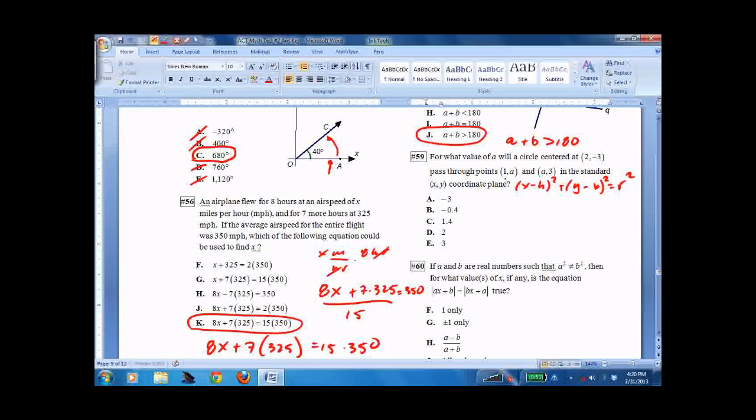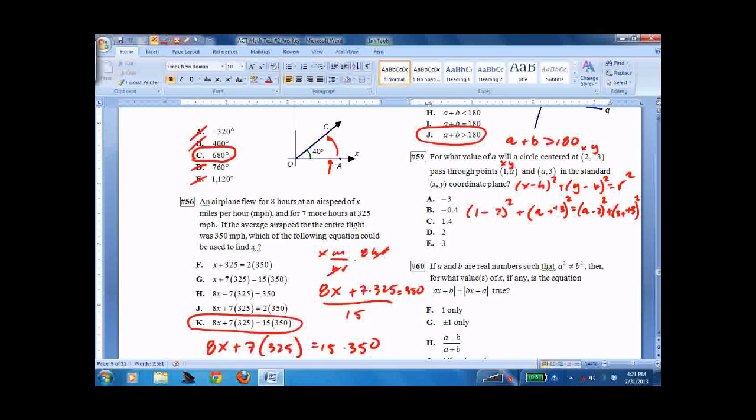So I'm going to do them both. I'm going to go x, y: 1 minus 2 squared plus a minus negative 3 squared equals, and I'm going to do it again, a minus 2 squared plus 3 minus negative 3 squared.